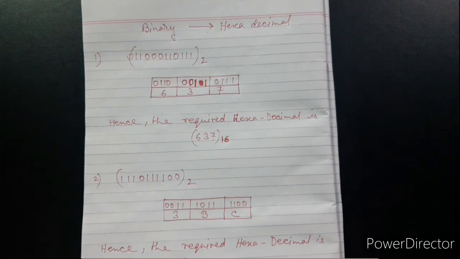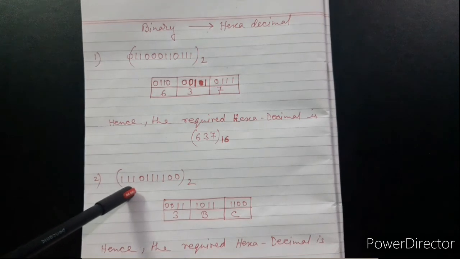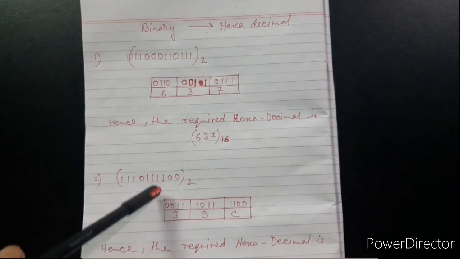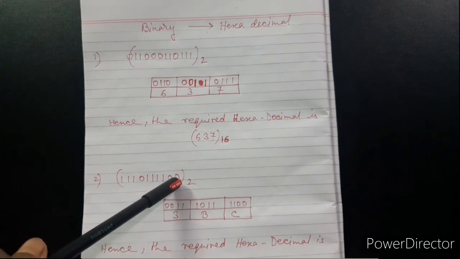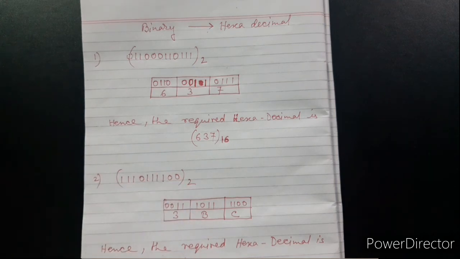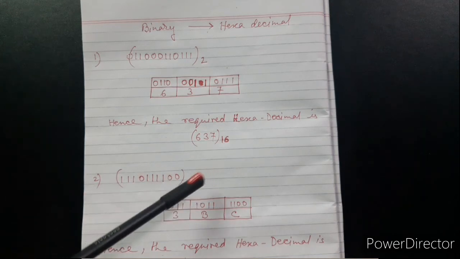Now the next example. The binary number is 11101111, then 00. Again we have to create 4-bit groups from the right side.